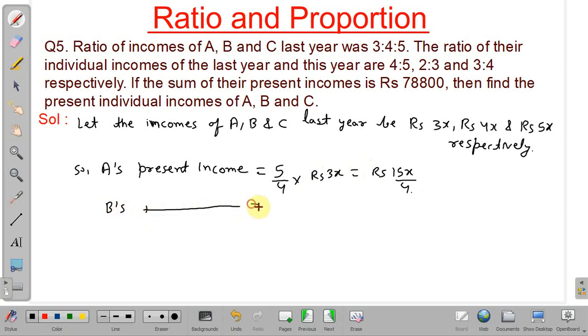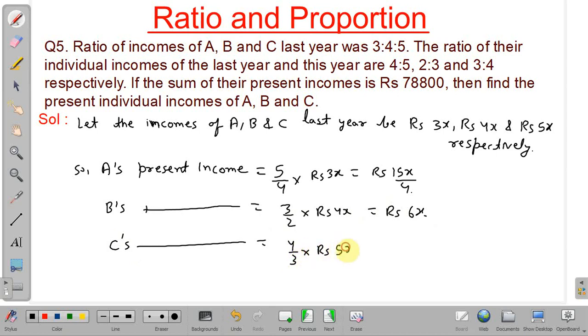It will be equal to 3 by 2 of rupees 4x, and it will be rupees 6x. And C's present income, see, 3 is to 4, so 4 by 3 times rupees 5x, so rupees 20x by 3.